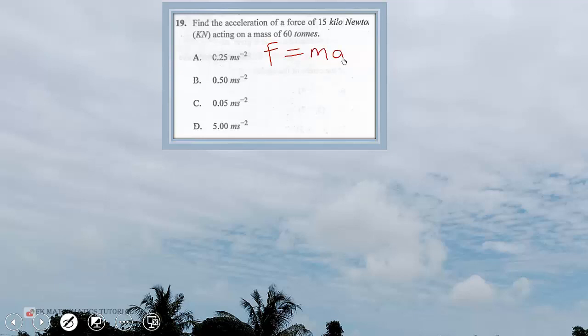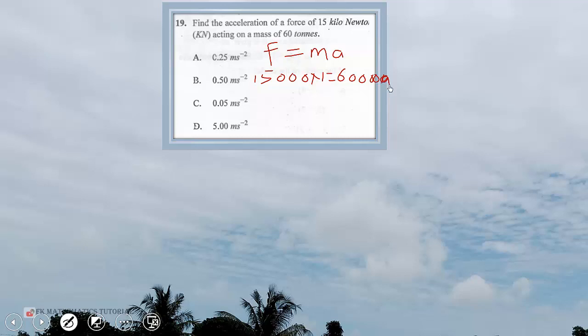If you convert the 15 kilonewtons to newtons, you get 15,000 newtons. 15,000 newtons is equal to the mass, 60 tons, which is the same as 60,000 kilograms, times acceleration.